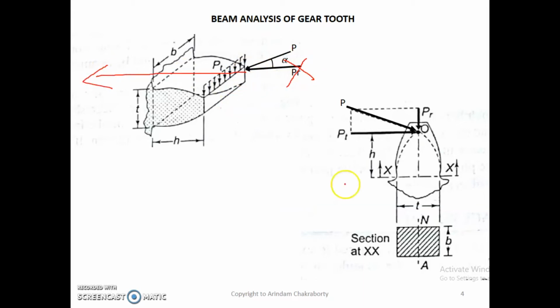As we can see over here, PR is directed inwards towards the axis, that means it's not creating any type of rotation, or it's not affecting the teeth strength or anything. So that's why this is our main priority, and we have to find it out. It has also been named as SB.